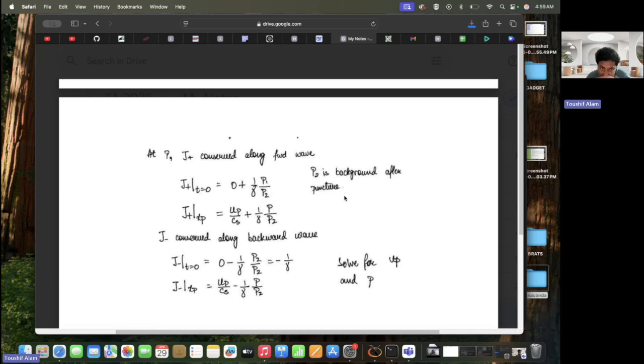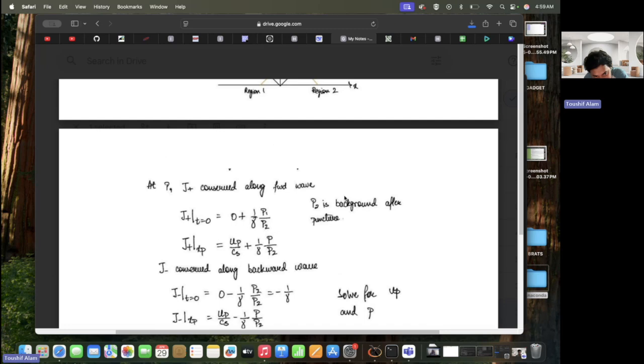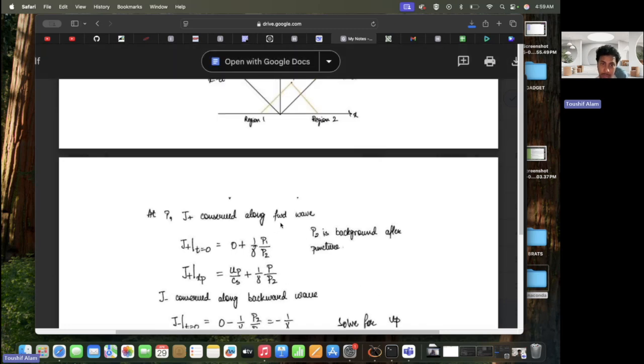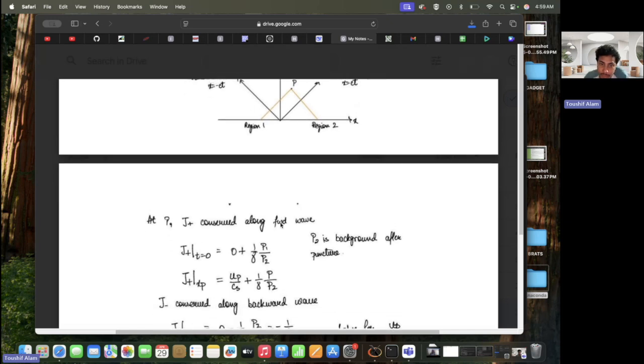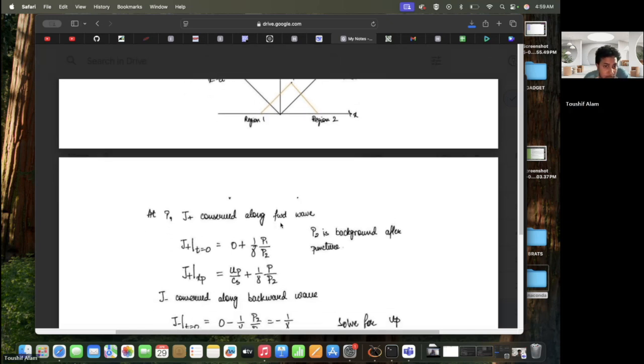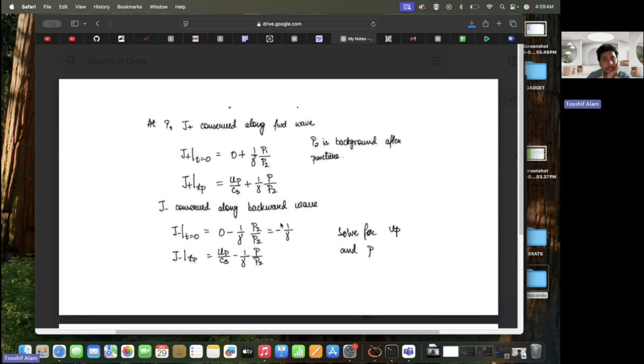So J plus is conserved along the forward wave. So J plus at t is equal to 0 will be 0 plus 1 by gamma P1 by P2, where P2 is the background affected by the puncture. J plus at the piston will be P by Cs plus 1 by gamma P by P2.